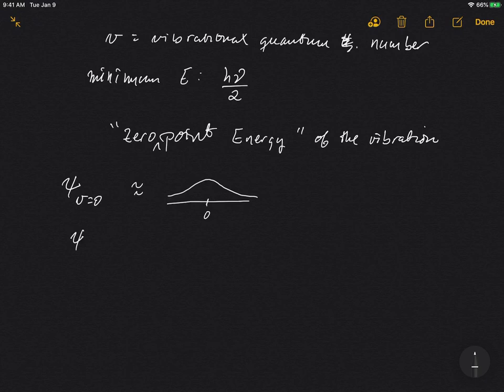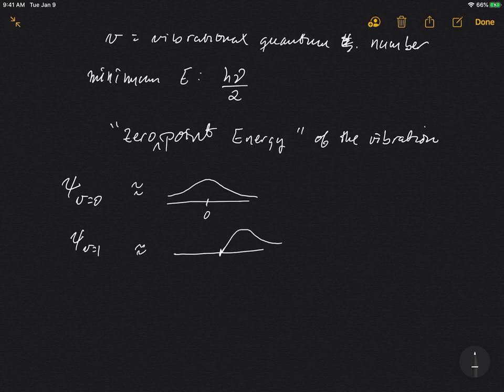The v equals 1 state has a node. We try to sketch that. Again, this is proportional to x times e to the minus alpha x squared over 2. So that extra factor of x gives us a node. It forces the function to go through 0 at x equals 0.